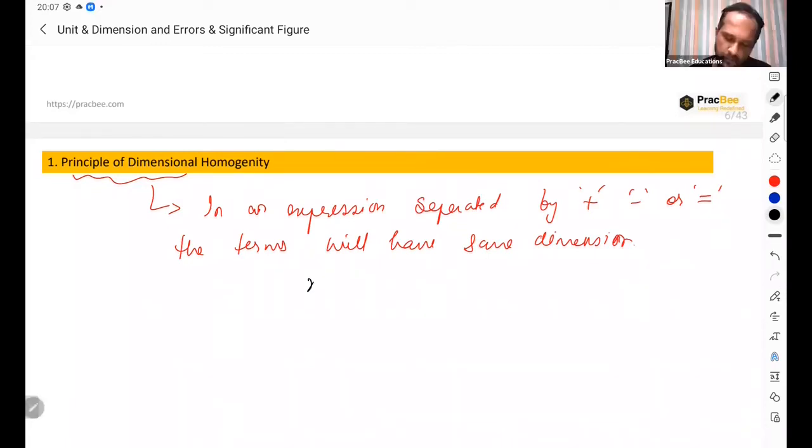This means that if x is equal to y plus z, then x, y, and z will have the same dimension.